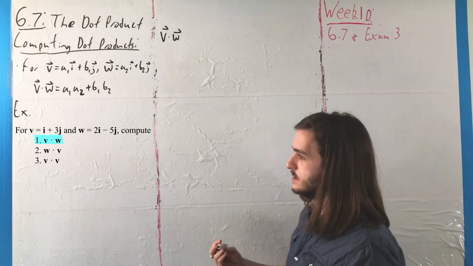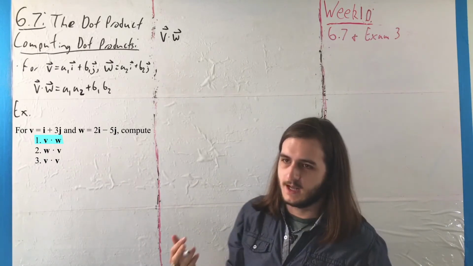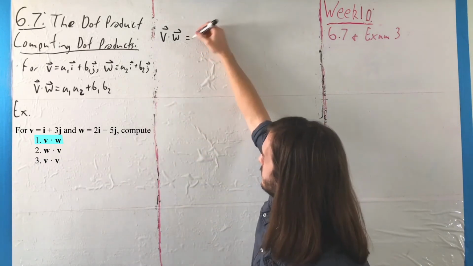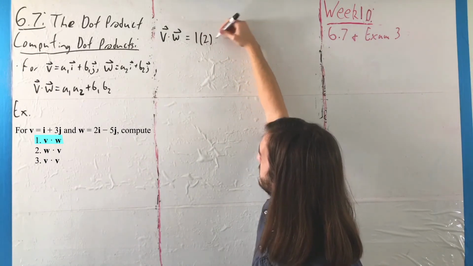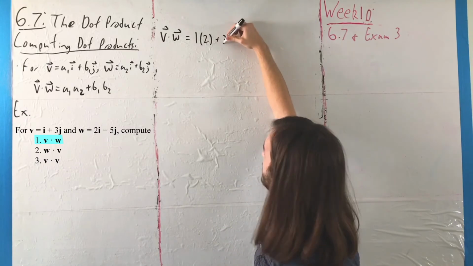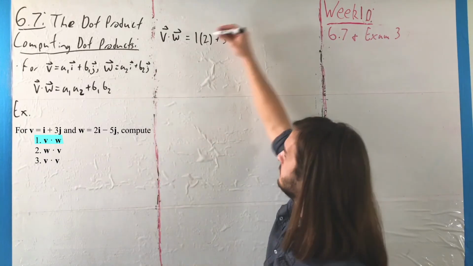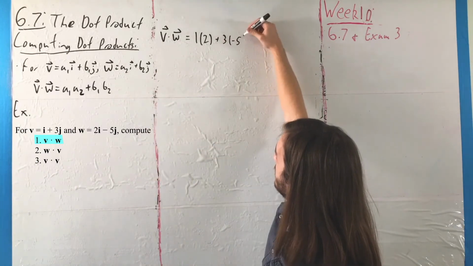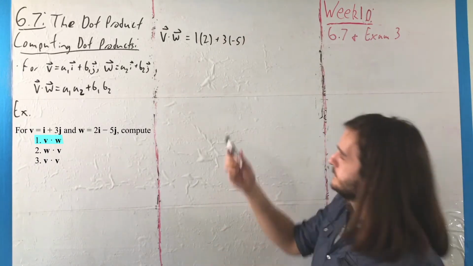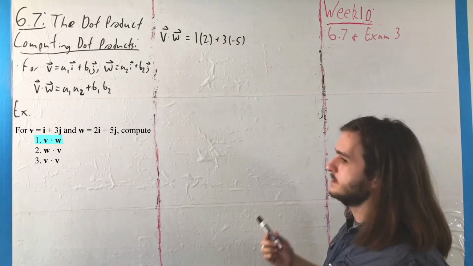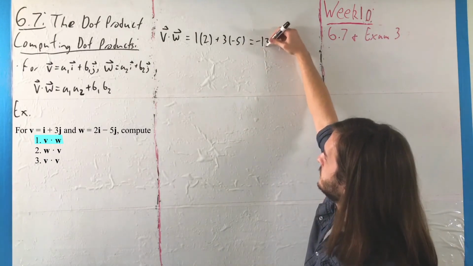Because we have a 1 implicitly attached to the i on v, we're going to have 1 multiplied by the 2 for the i on w, plus 3 from the j term, the vertical component on v, multiplied by the vertical component for w, which is a negative 5 in this case. So we'll get 2 plus negative 15, or negative 13.